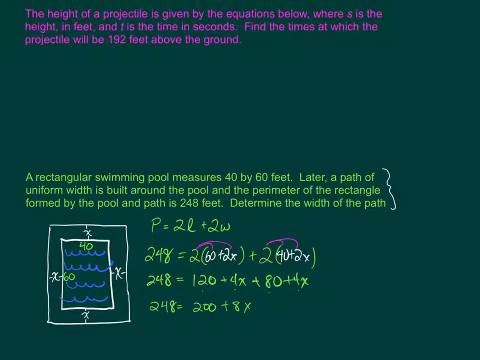Well, this isn't even a quadratic equation. This is just linear. So we can just solve for x like normal, like you have been doing. So subtract 200 from both sides. That leaves you with 48 equals 8x. You can divide both sides here by 8, and that tells you x equals 6. So that means the width of the path is 6 feet, all the way around.